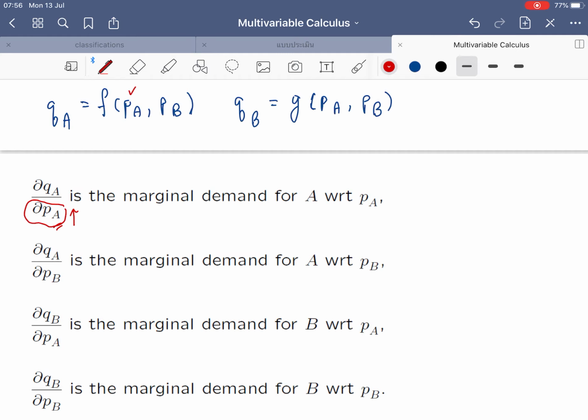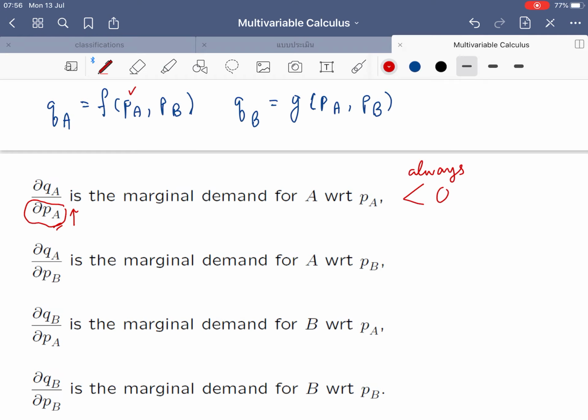What can you conclude? If product A is more expensive, are you going to buy A? Of course not, right? So this one is always negative.